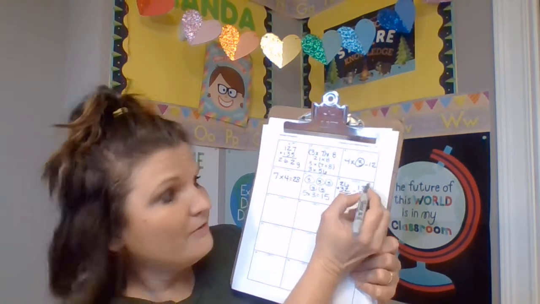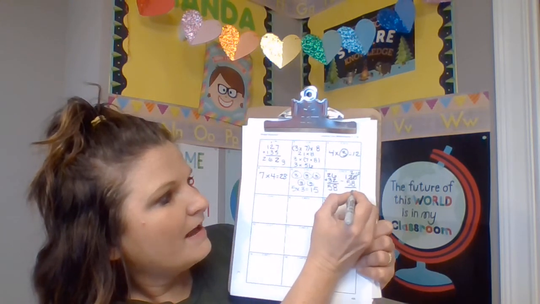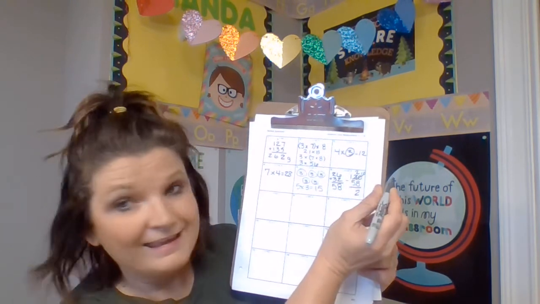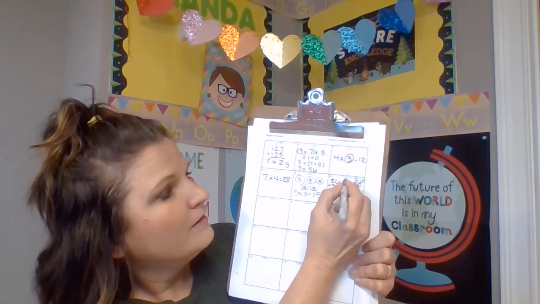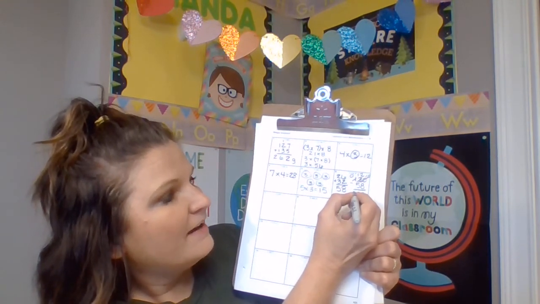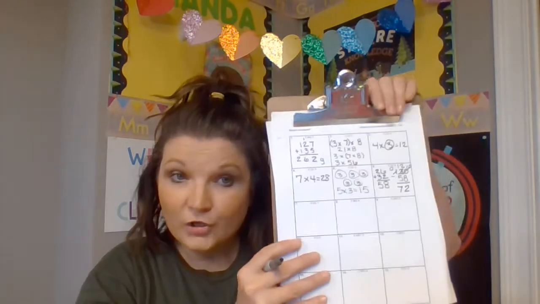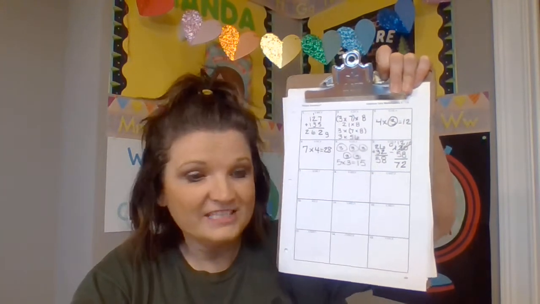I cannot take 8 from 0, so I'll go next door, get 10 more. 10 minus 8 is 2. Can't take 5 from 2, so make this a 0 and that a 12. 12 minus 5 is 7. 72 hours more in school than her two sports activities or extracurriculars together.